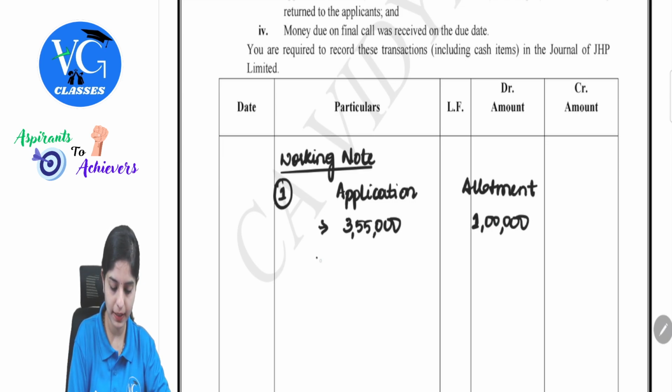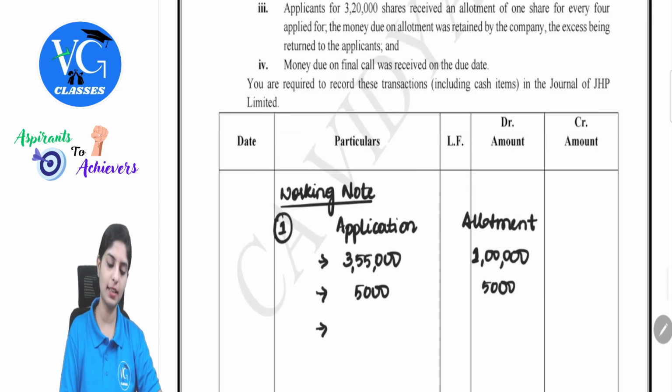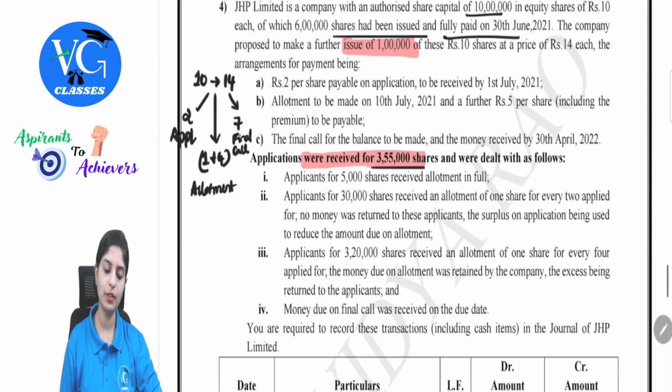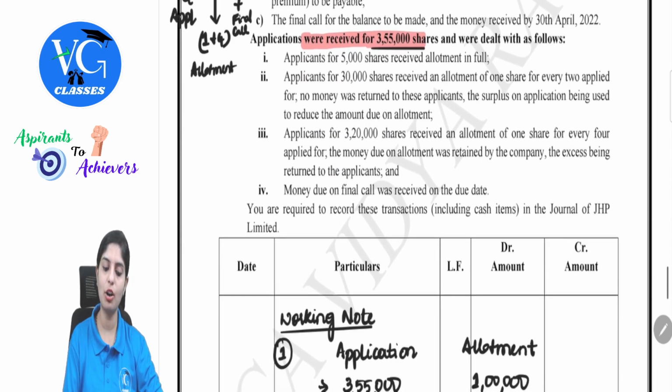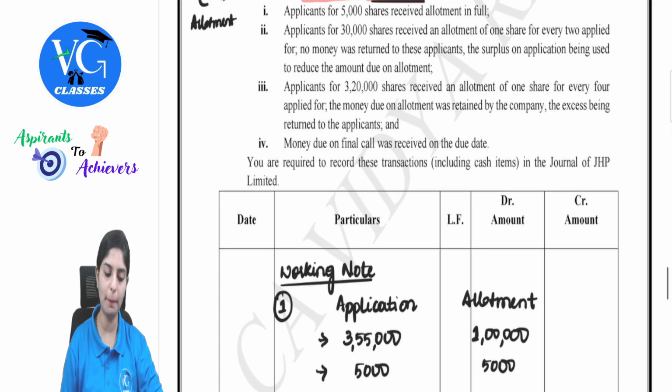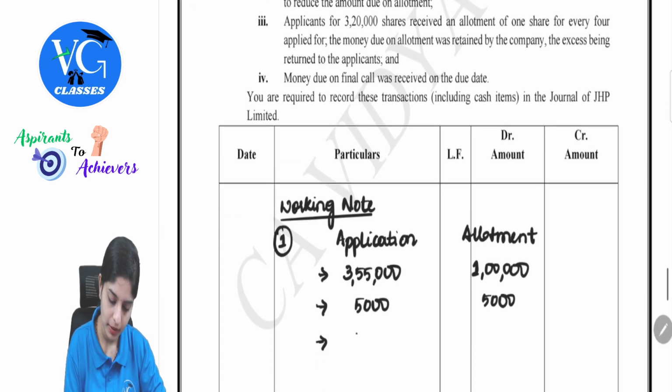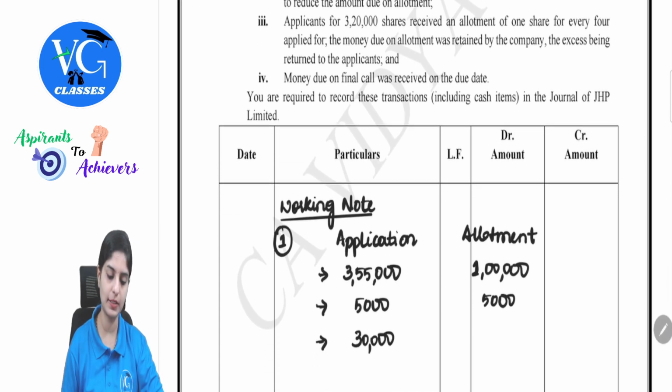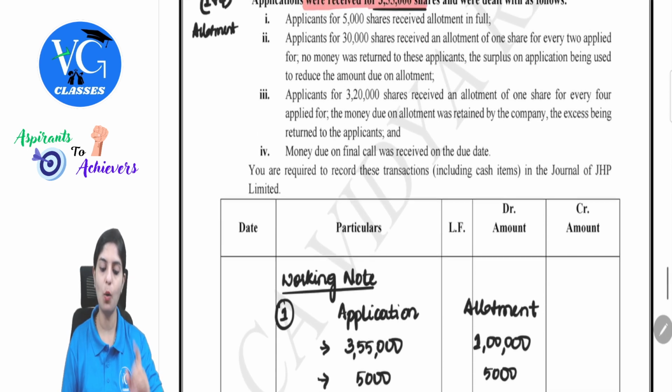In the first category, 5,000 shares was applied for and 5,000 is allotted. Second scenario, applicants for 30,000 shares received an allotment of 1 share for every 2 applied for. First, let's understand. There were 30,000 applications received. You are taking 1 share for every 2 shares applied for.